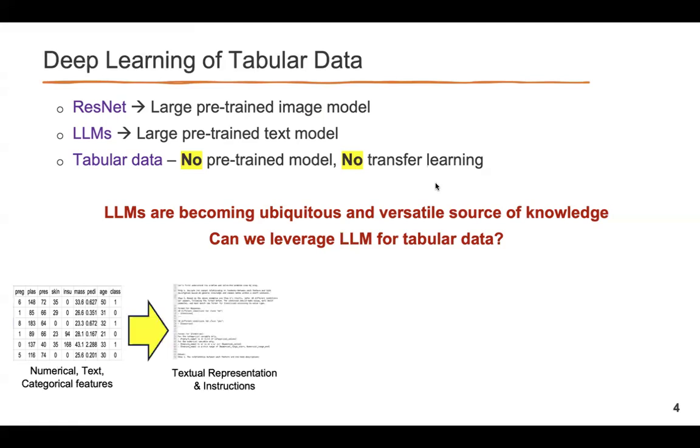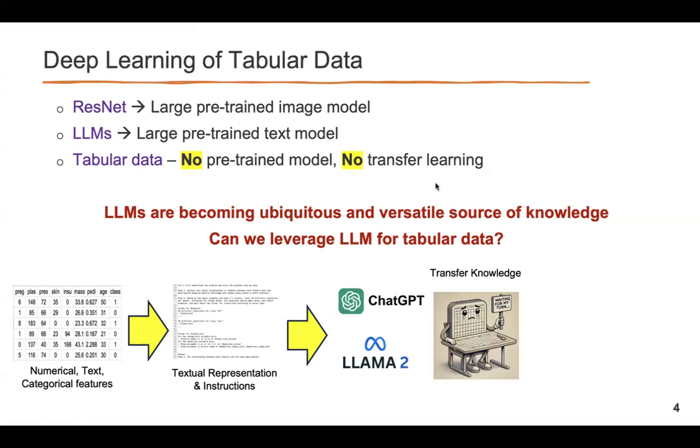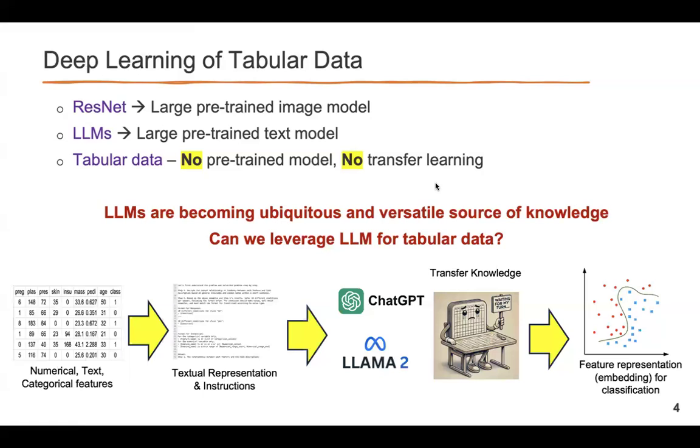If we convert this into a textual representation with specific instructions, can we pass it to a large language-based model like ChatGPT or Llama to perform the long-awaited knowledge transfer for tabular data, so that we can do feature representation for classification?